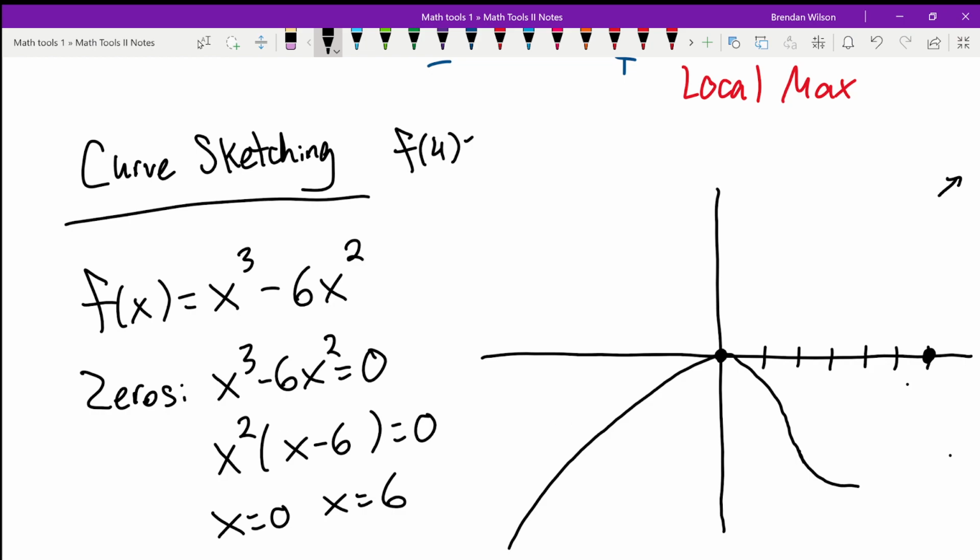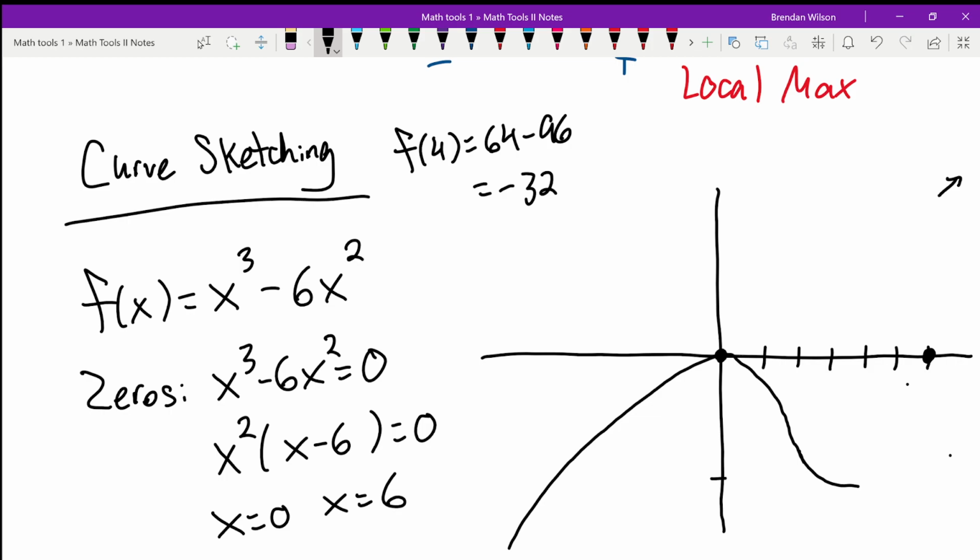Okay, so f of 4 is 64 minus 6 times 16, which is 96. So this is what, negative 32, I think. Okay, so it's going to be really far down.